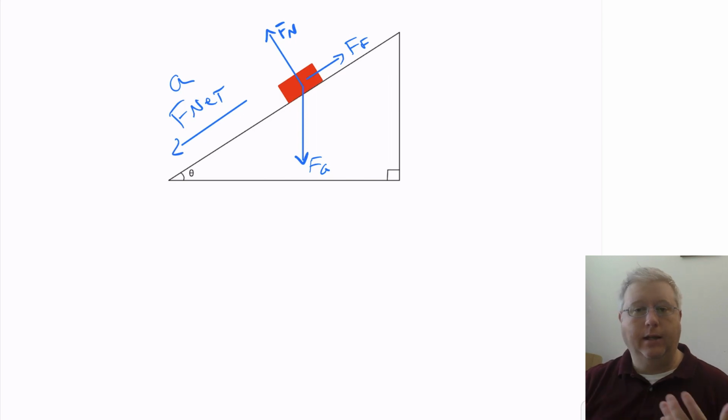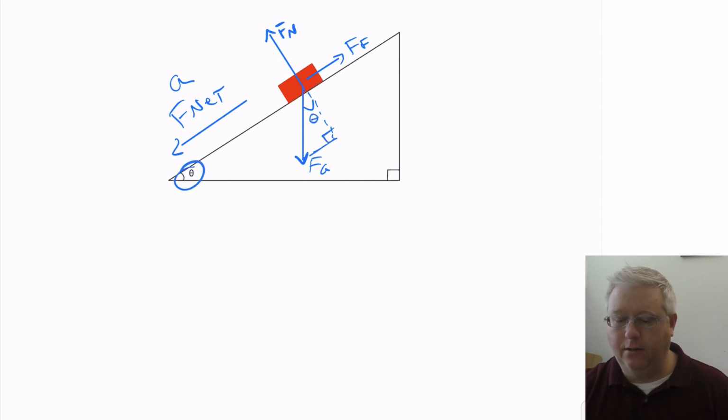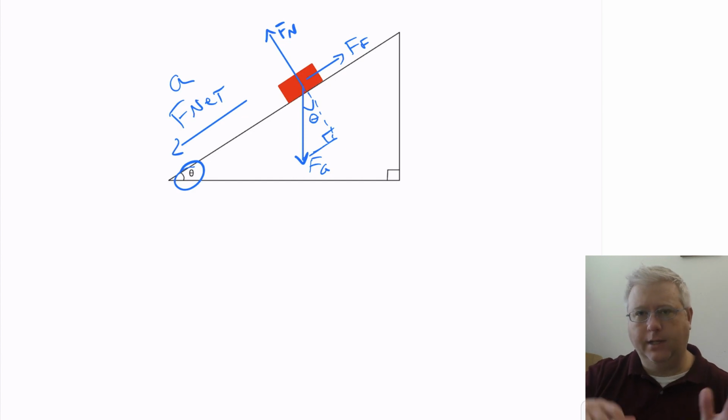Then, if we wanted, we could break down the force of gravity into its x and y components, where this angle is now the same as this angle. So we are basically setting up the plane.